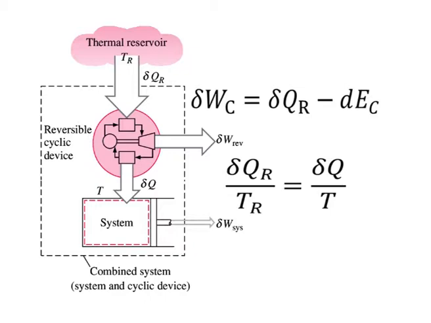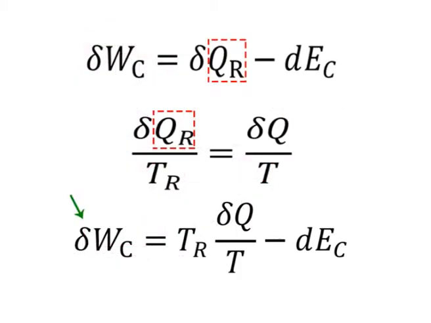Eliminating delta Q_R from the two relations above yields delta W_C is equal to T_R into delta Q upon T minus dE_C.